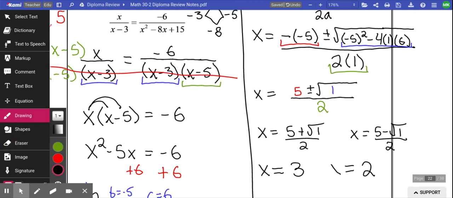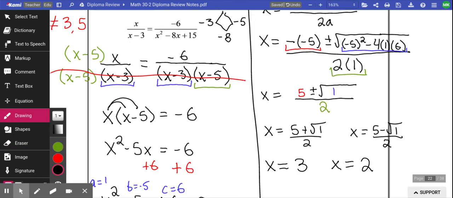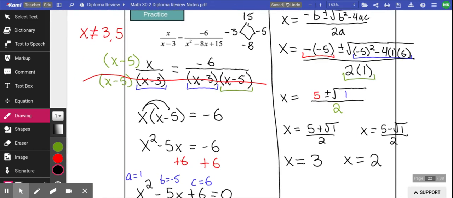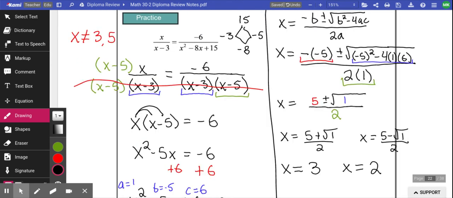And if you look, one of those answers doesn't work because of your NPV. We said x cannot equal 3. Last year when we did the diploma exam, because the teachers get to do it too, or we get to look at it, we had a question kind of similar to this, where you had to solve it, and you got 2 answers, and one of the answers was not acceptable because of NPVs.